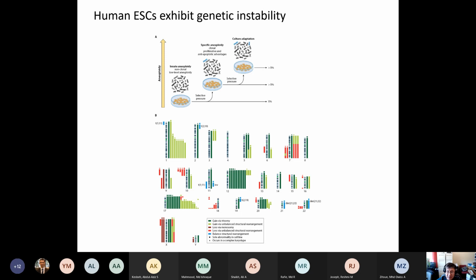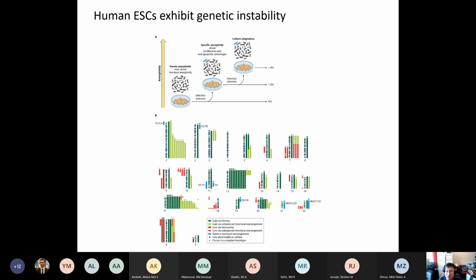They're going to adapt to the in vitro culture condition by adding or deleting chromosomes, because the chromosomes have genes. They feel like some gene is not giving them an advantage to grow in culture, so they're going to delete those chromosomes, or some other genes will give them an advantage, so they will try to gain additional copies of certain chromosomes.